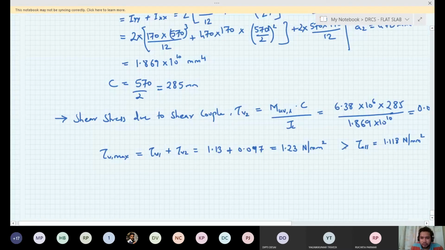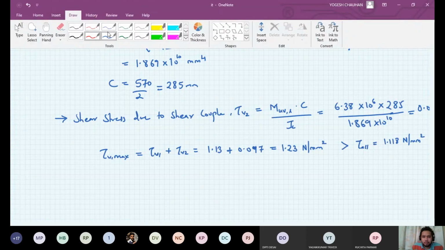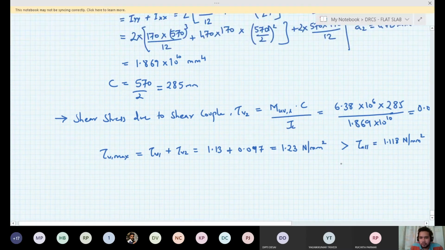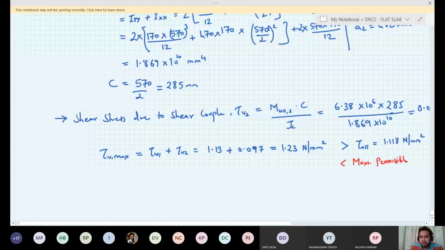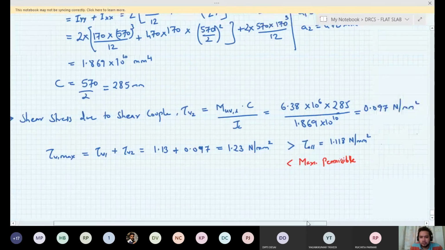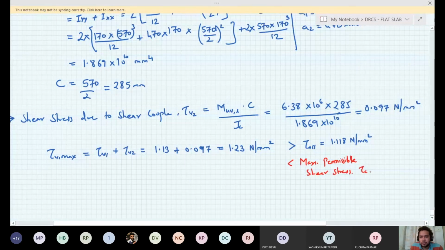So here this is greater than tau allowable. Second, we also have to check the maximum permissible shear stress, that is tau c max, which is equal to 1.5 times tau allowable. So it is 1.5 into 1.118.